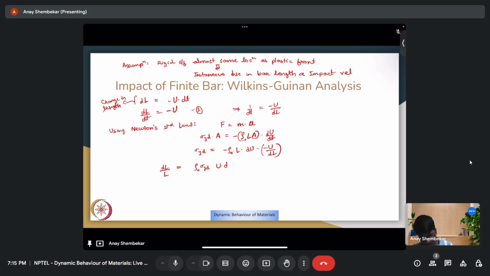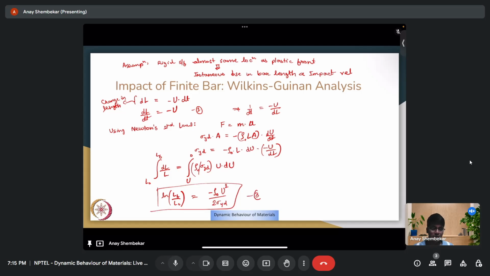If I integrate this, with L going from L naught to Lf and u going from u to 0, I get log of final length by initial length is equal to minus rho naught u square by 2 sigma yd. So this is the third equation.